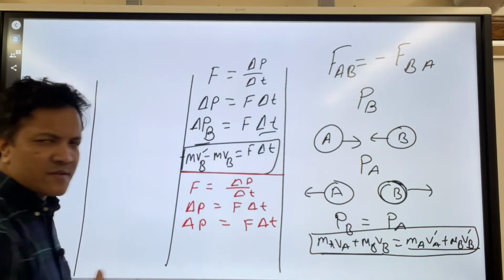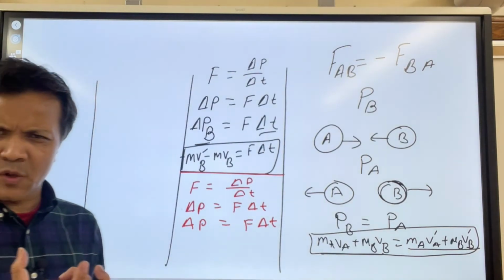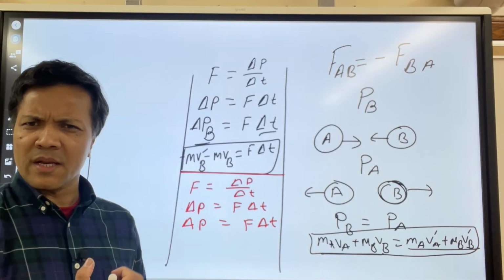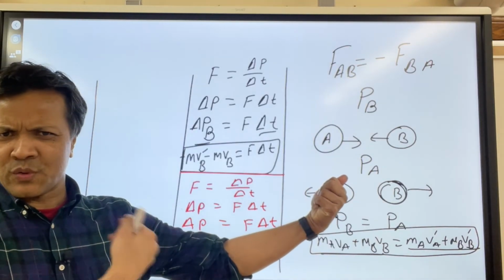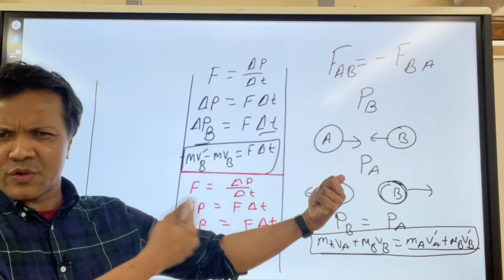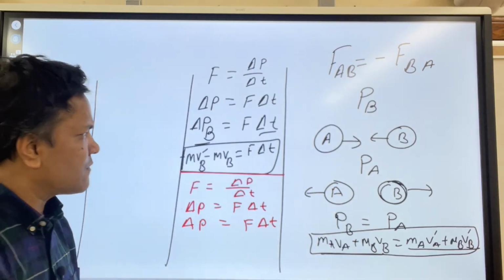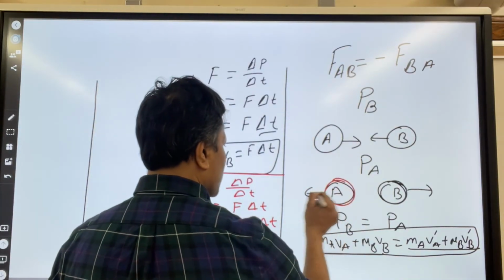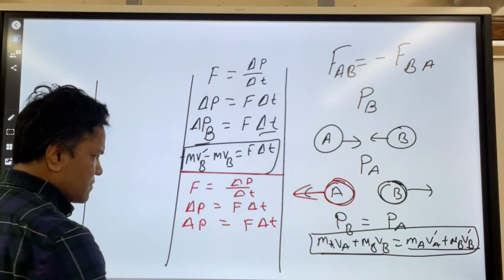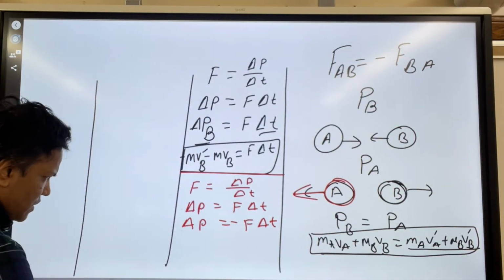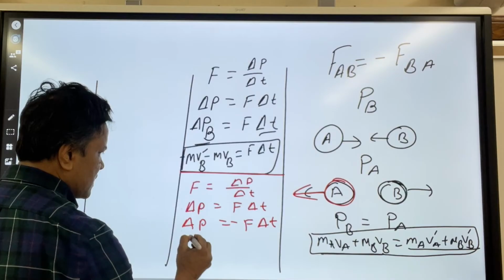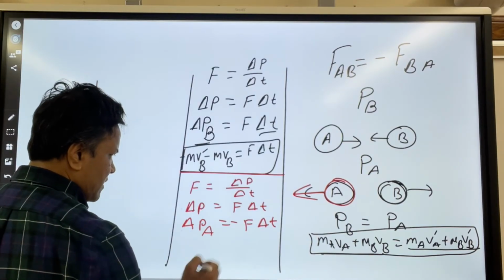Now this is wrong. Why is this wrong? You are talking about the ball A, right? And ball A, look at that. Ball A moved to the west right now. So you have to be able to recognize that fact. The ball A now moving to the west. West means negative. So you have to put negative over here. So delta P is, of course, now you can put A over here, right?